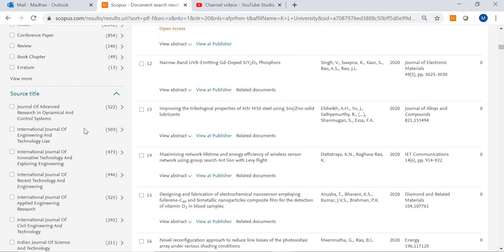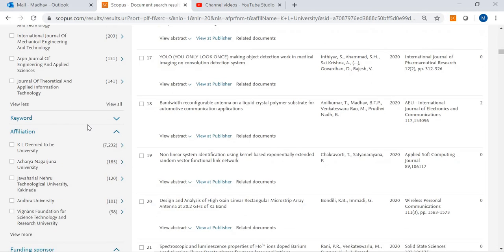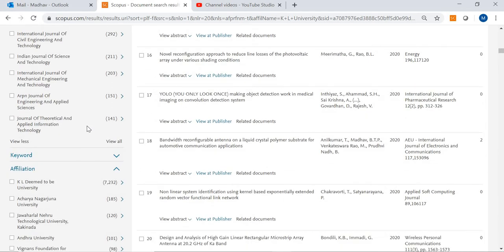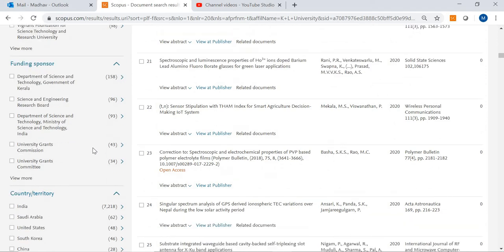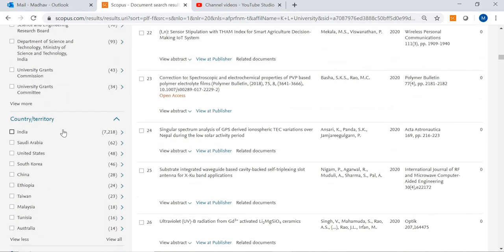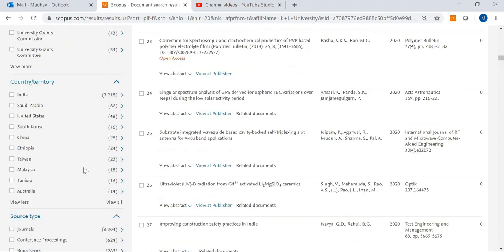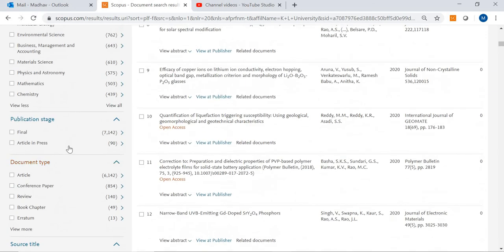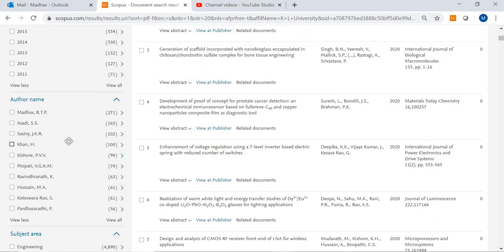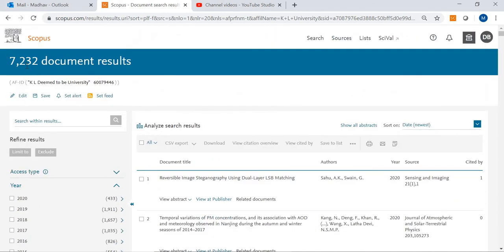So document type, source titles, affiliation, as well as funding, how many papers got funding, and country, affiliations and collaborations you can also see, and source type. So this is about the basic analysis regarding the papers produced by the institute.